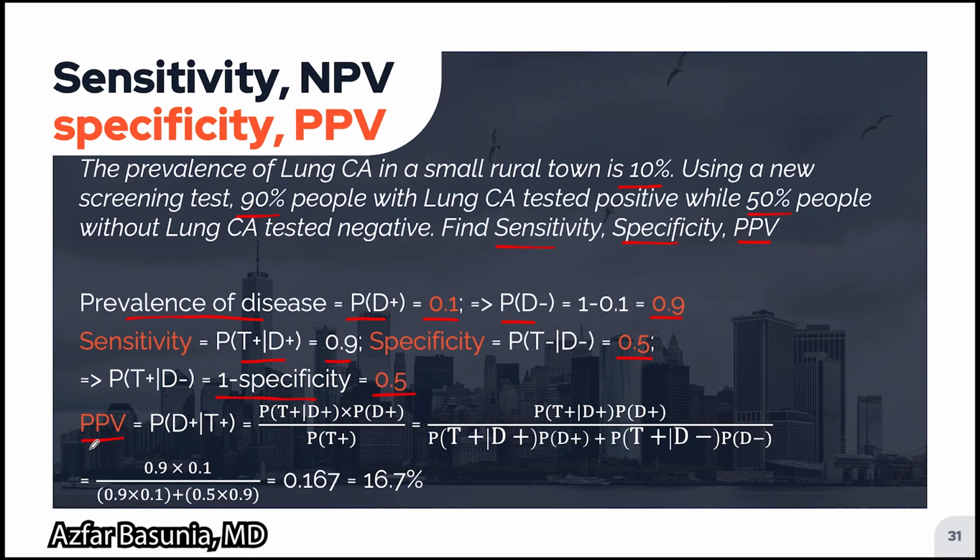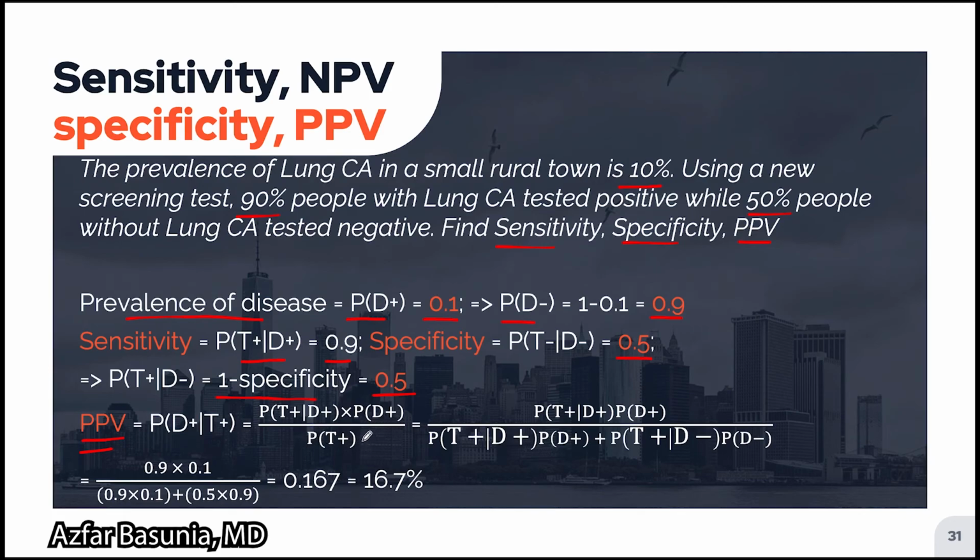The positive predictive value is equal to the probability of being disease positive given test positive. Using Bayes' theorem, that will be equal to the probability of being test positive given disease positive multiplied by the probability of being disease positive and divided by the probability of being test positive.